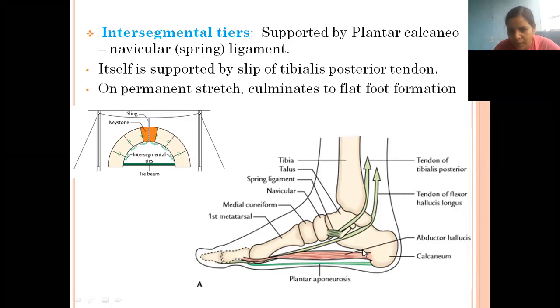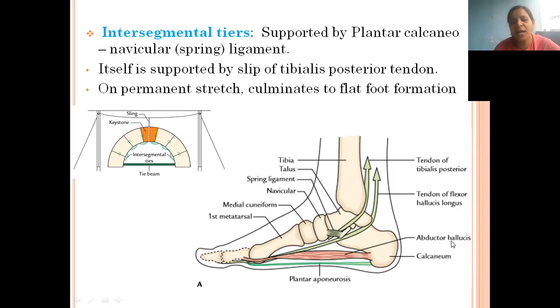Okay. Now see, I told you the muscles which are seen on the posterior compartment of the leg will be entering into the sole. So what are the muscles we have in the posterior compartment? We have tibialis posterior, we have flexor hallucis longus, we have abductor hallucis.